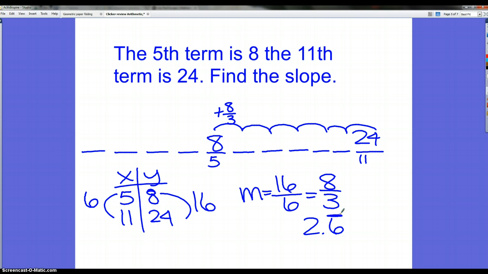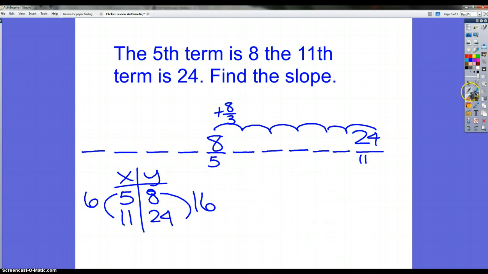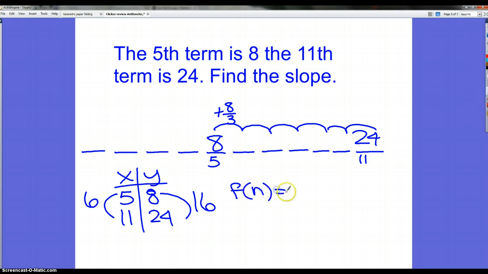So from here we can actually go ahead and write the equation if we wanted to find a new number. So I can use f of n, and then I can use the 8 as the number here, but remember it's the 5th term, so I'm going to use that later.